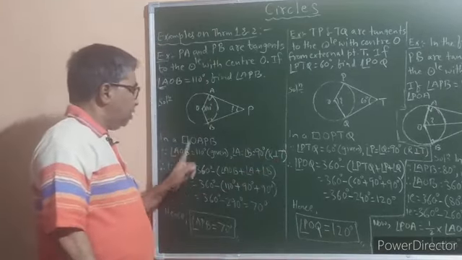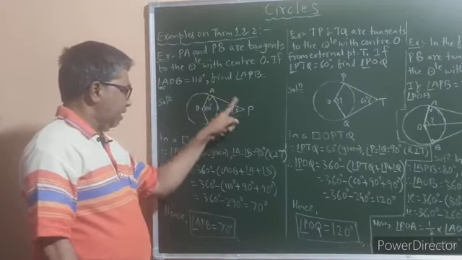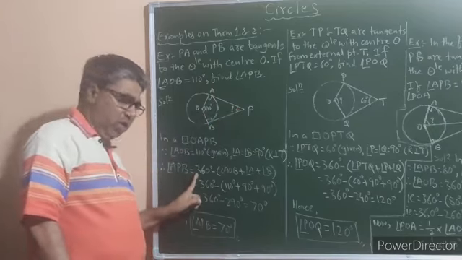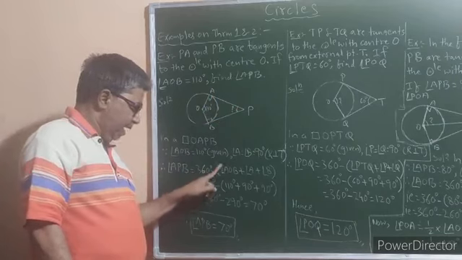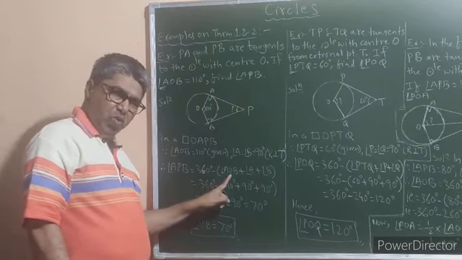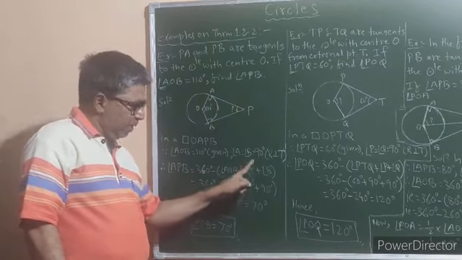So therefore the fourth angle APB will be equal to 360 degrees minus (angle AOB plus angle A plus angle B).